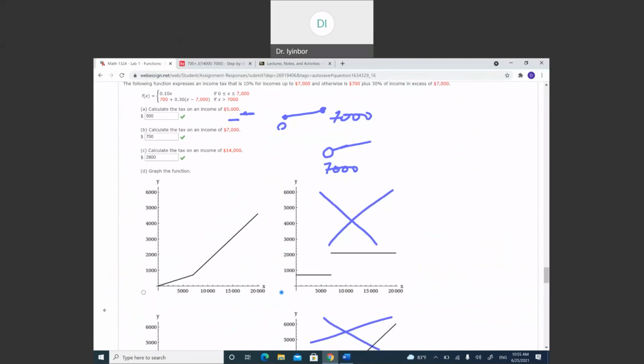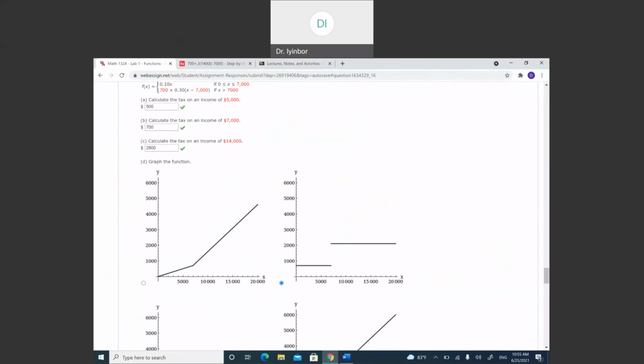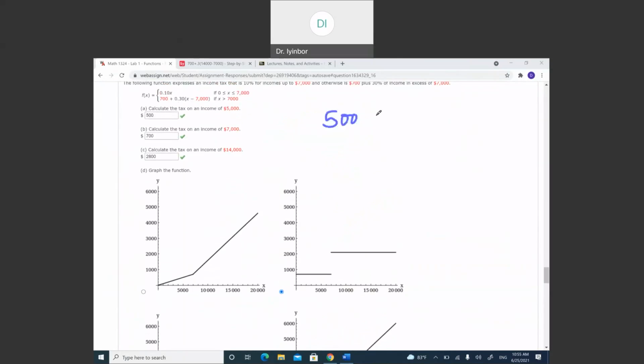So you have technically 3 points given. I'm gonna write the points here. So first point is when x is 5,000, the y is 500. So that's my first point I need to have in my graph.